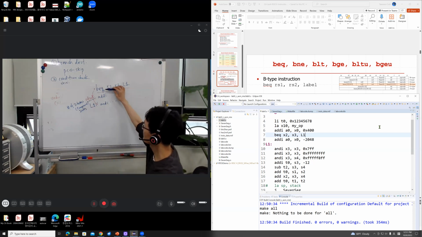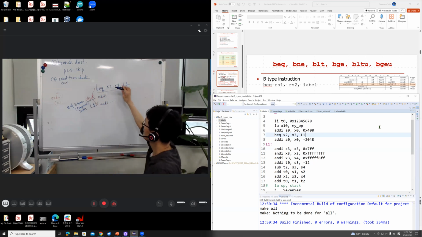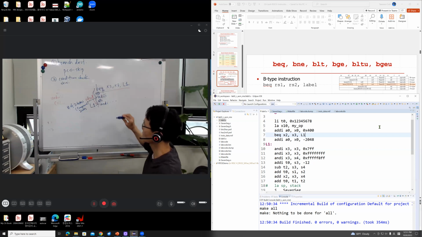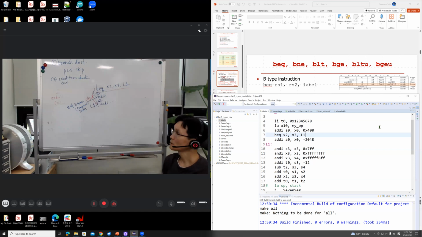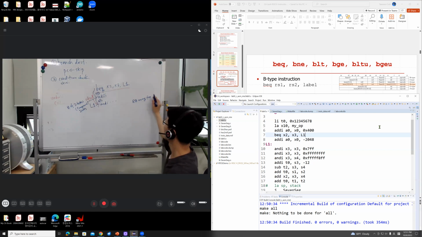So starting from here, each RISC-V instruction is 4 bytes in size. So starting from here, 4 bytes and 4 bytes. So the destination is 8 bytes away from the current location, the PC.